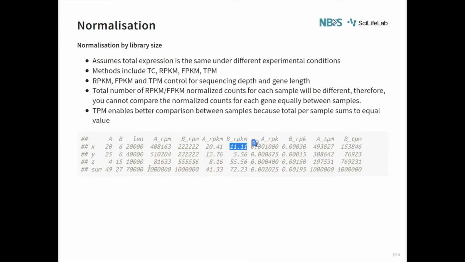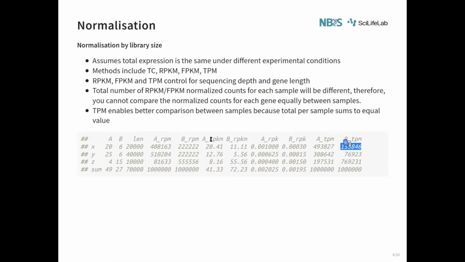In contrast, if you look at reads per million or transcripts per million, they sum up to the same total quantity, which makes the normalized counts more comparable. And this is why TPM is preferred over RPKM or FPKM.